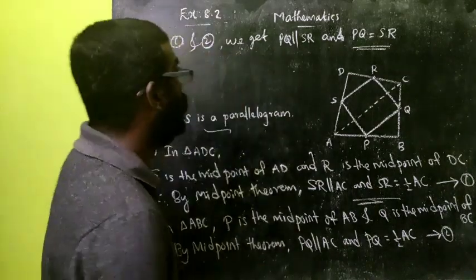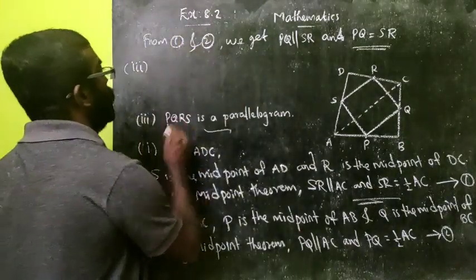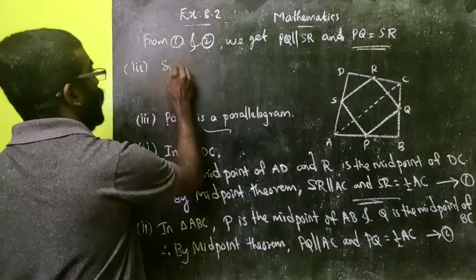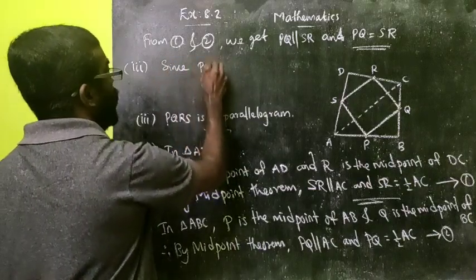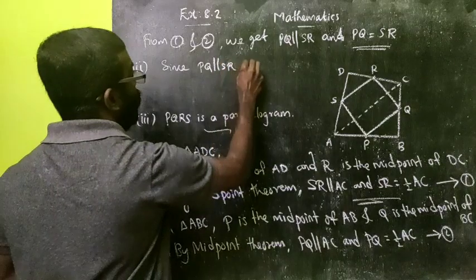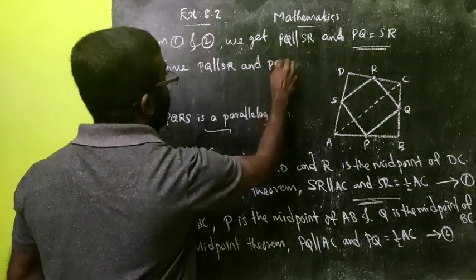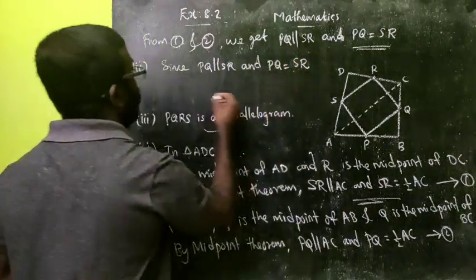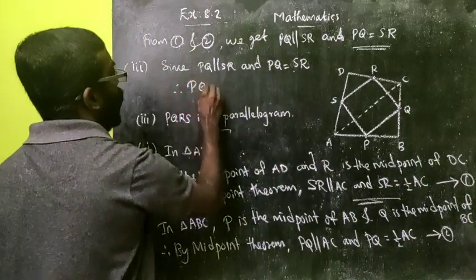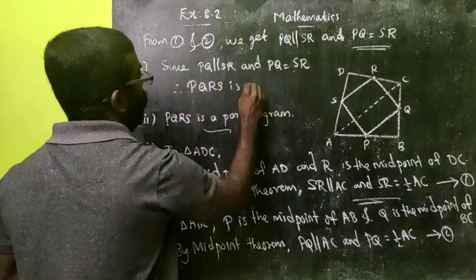So using that theorem, we can conclude PQRS is a parallelogram. So here we can write, since PQ parallel to SR and PQ is equal to SR, therefore PQRS is a parallelogram.